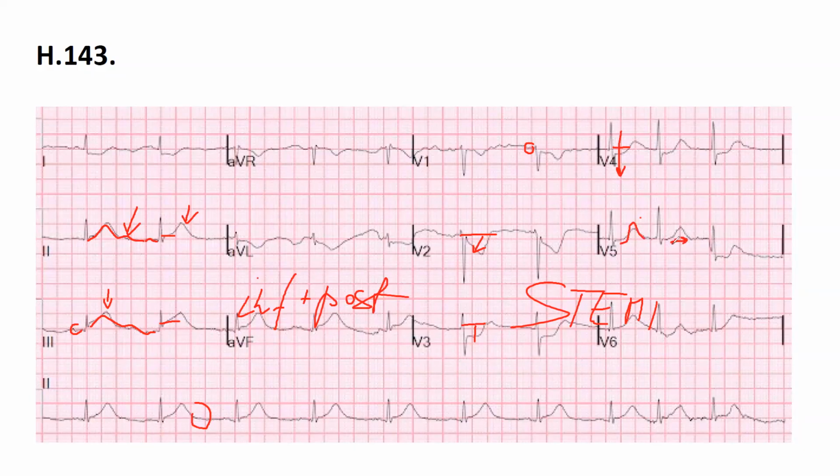When you have hypokalemia, you have a flattening of the T wave. Another thing is that the QT interval can get a little bit longer. So we do have an infero-posterior STEMI, a hyperacute one, plus we do have a hypokalemia.